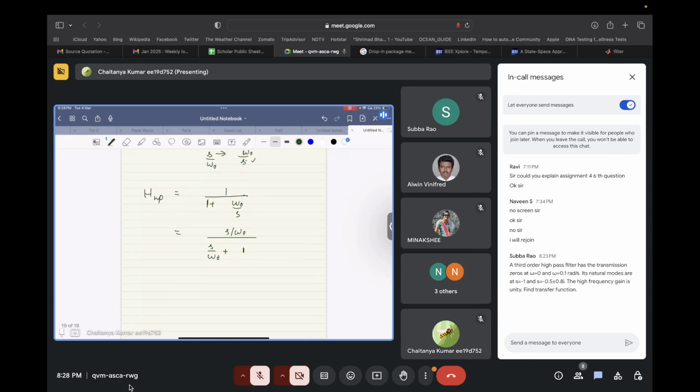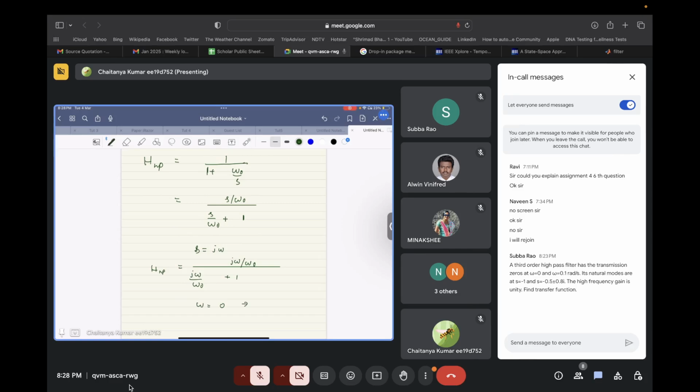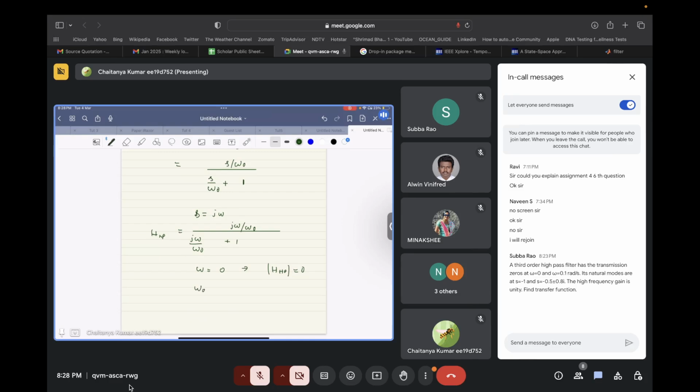Again, if we have s as j omega in this equation, it becomes j omega by omega naught over j omega by omega naught plus 1. At omega equal to 0, H high pass is 0. At omega tending to infinity, the 1 can be neglected, and H of high pass is j omega by omega naught divided by j omega by omega naught, which is equal to 1.